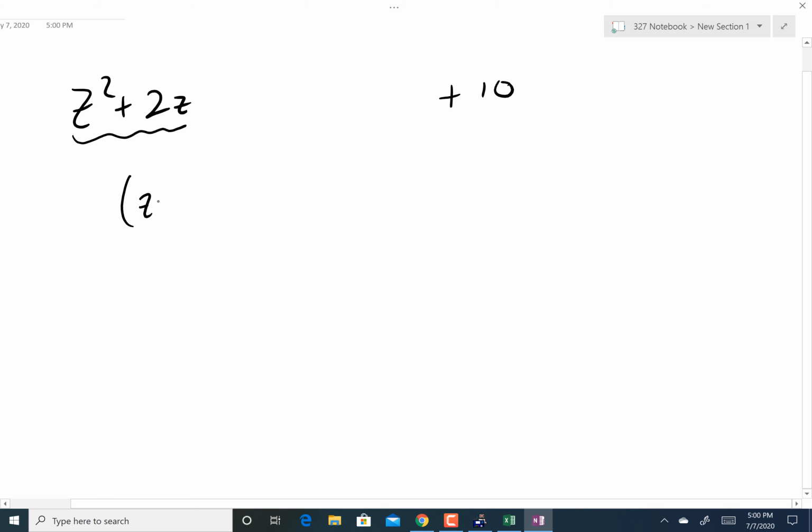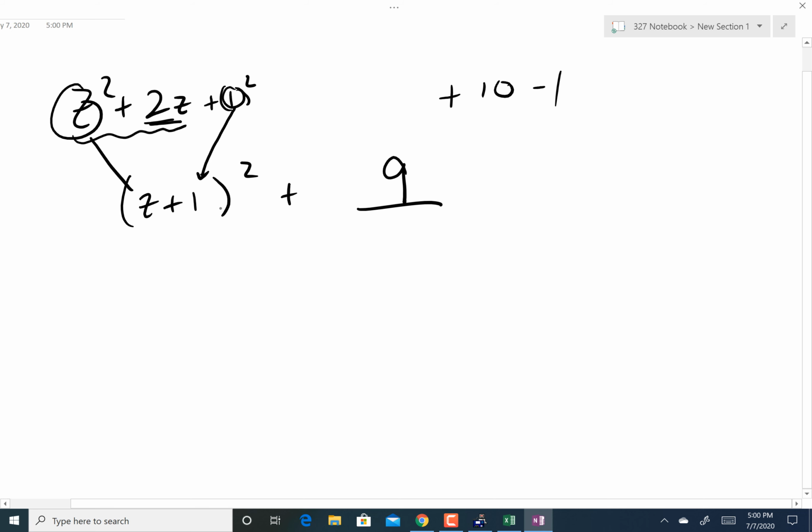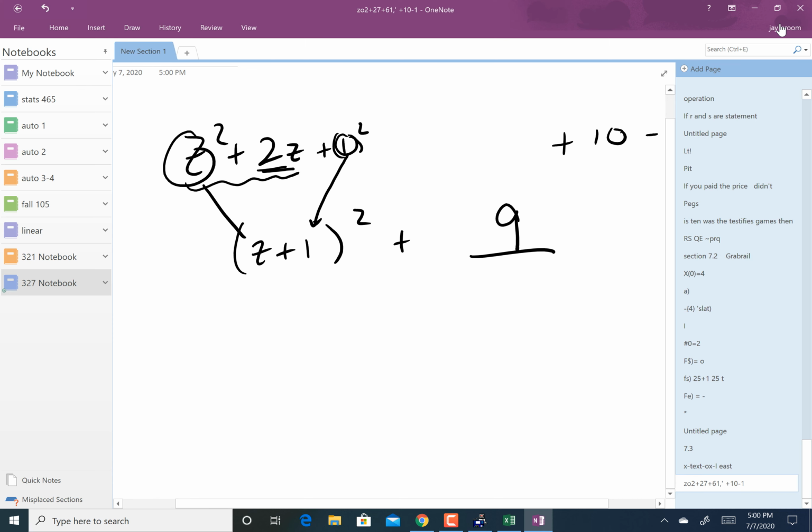I want to write this as z plus something squared plus something. Okay? So I do this. What's half of 2? It's 1 squared. So I added 1, I need to subtract 1. That gives me a 9 out here. You with me? And then this factors as z plus 1 squared. And we're done. We're home free.